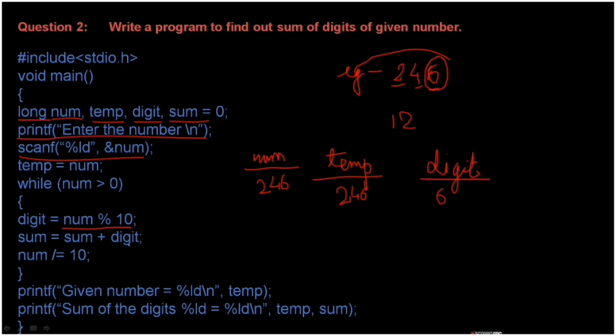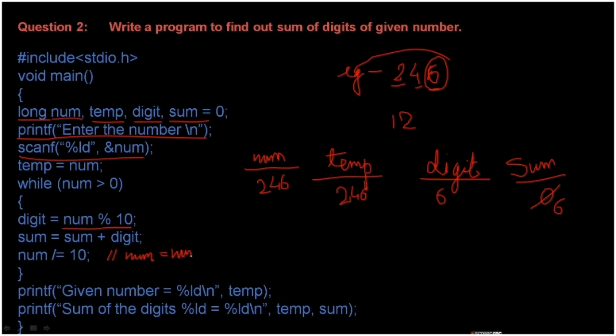Now sum is equal to sum plus digit. We initialized the sum value with 0. So 0 plus 6 is equal to 6. Now 6 is stored in sum. Now num divided by 10. Num is equal to num divided by 10.